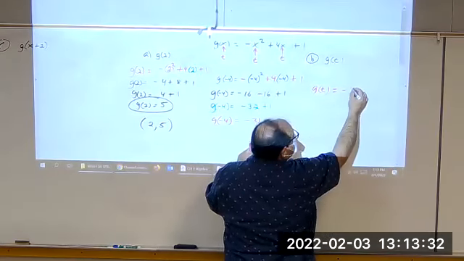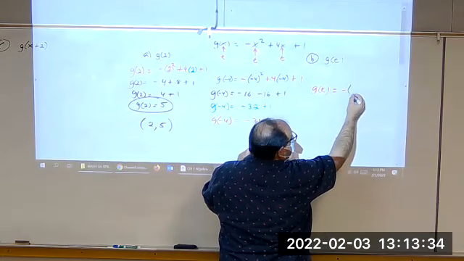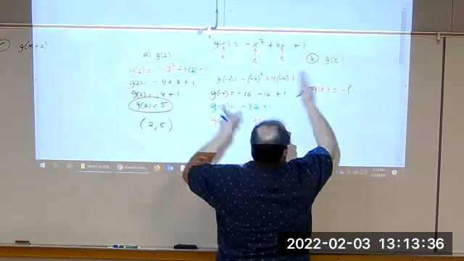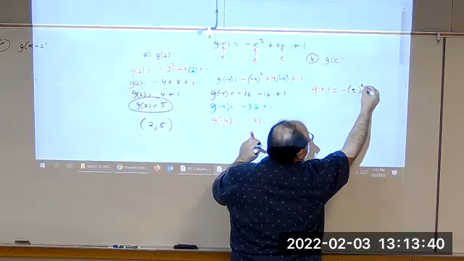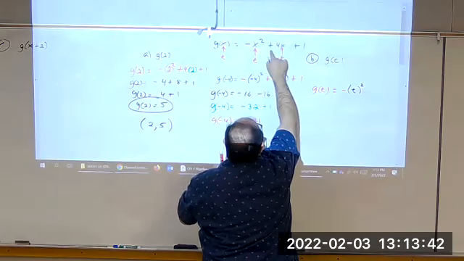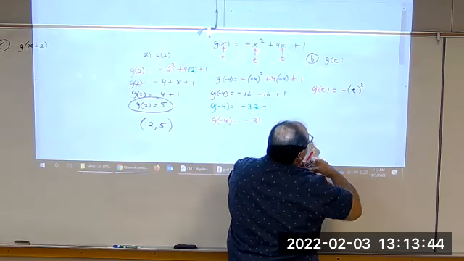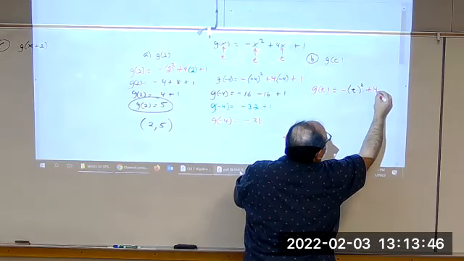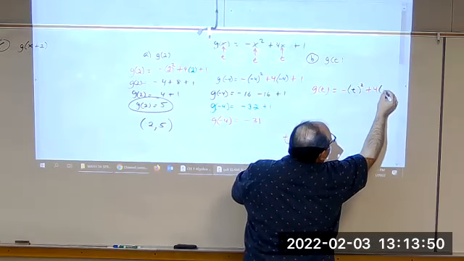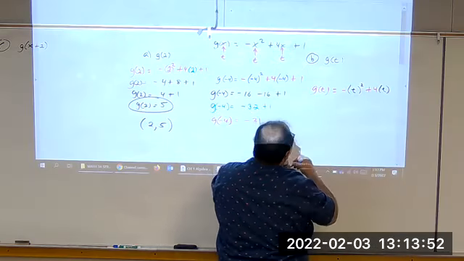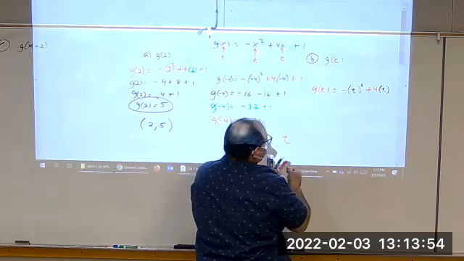If I just use parentheses, it's no big deal. I'm just going to keep up my pattern. t, and then I square it. And then plus 4 times x is now plus 4 times, but that x is now t instead. And then you still have plus 1.